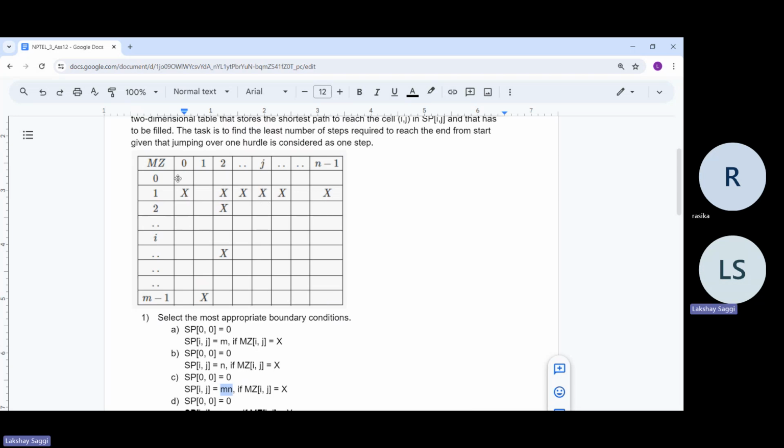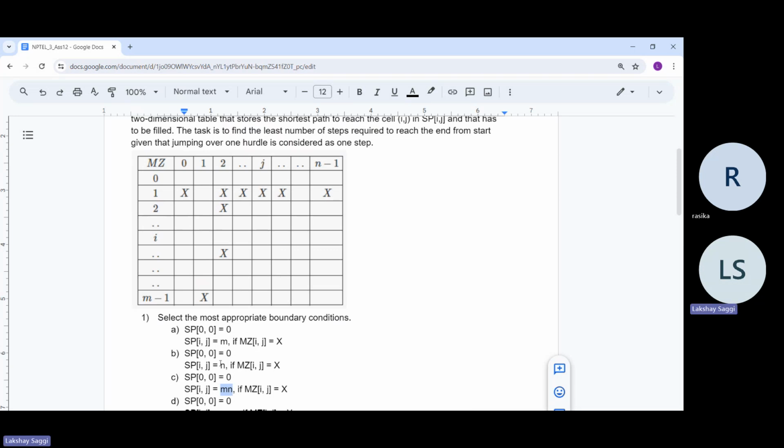So there cannot be a distance of mn for any cell from (0, 0) to that cell (i, j).